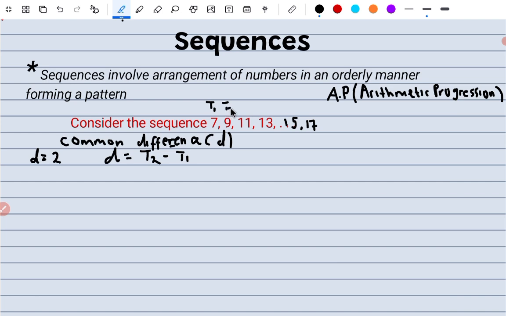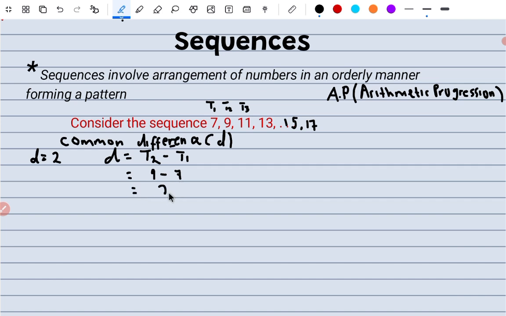The T simply stands for term, so term number 2 minus term number 1. Term number 2 is 9 minus term number 1 which is 7, that will be 2.